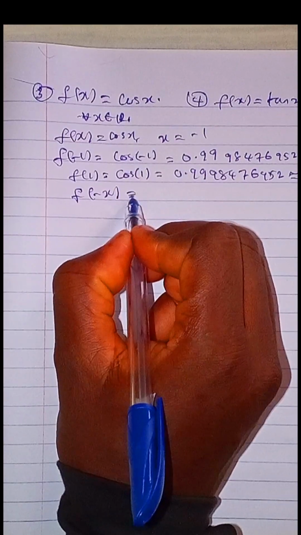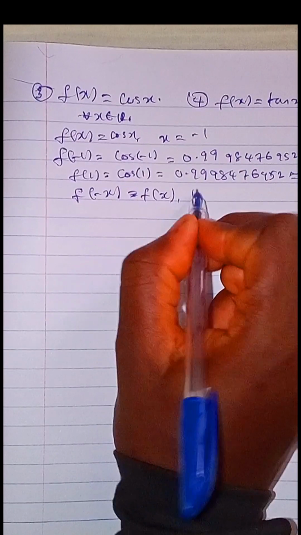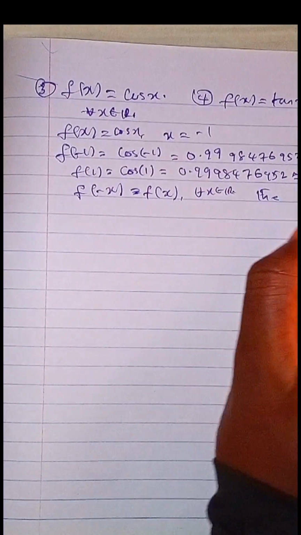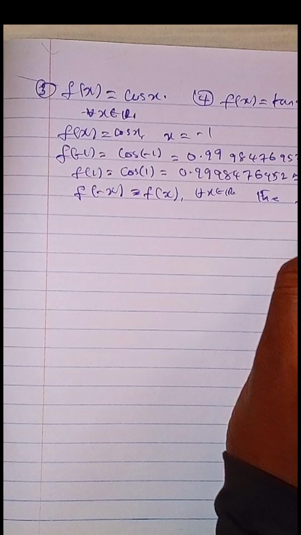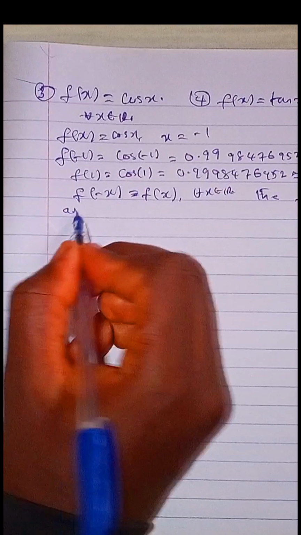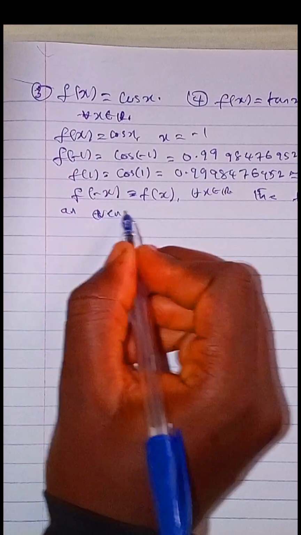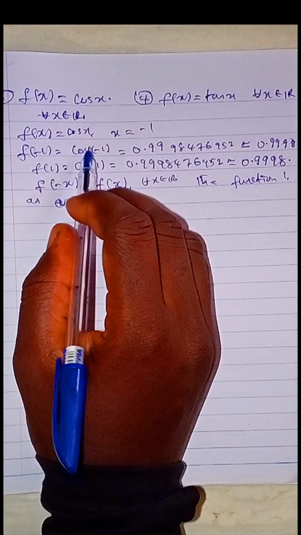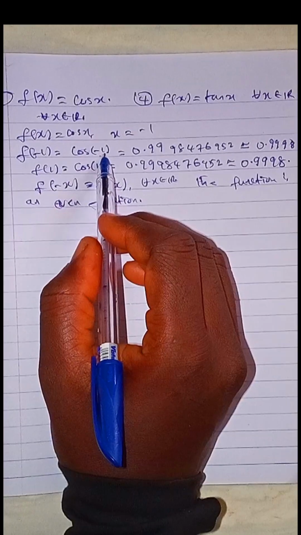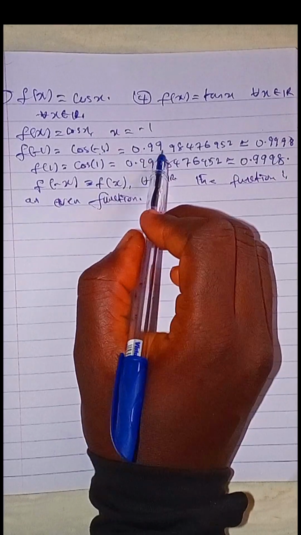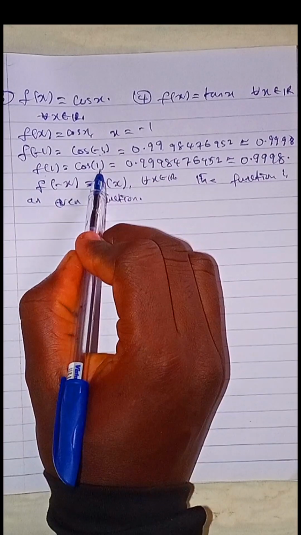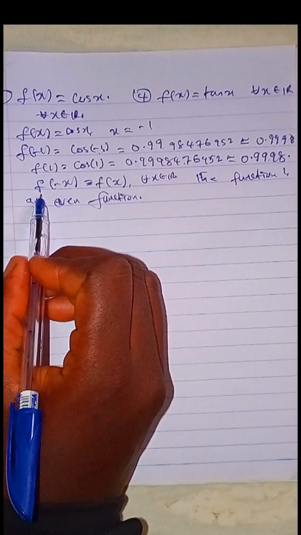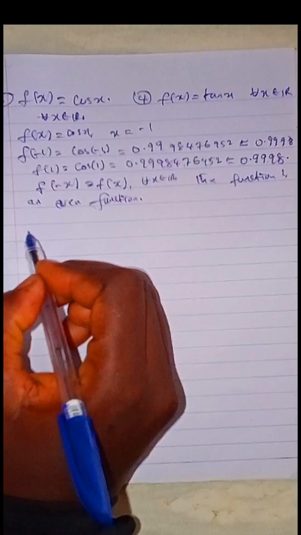The function, f of x for all x in R, is an even function. Given the function to be cos of a negative number, it always brings out a positive. Anytime you plug in a positive or negative number, it gives the same output, so the function is an even function.